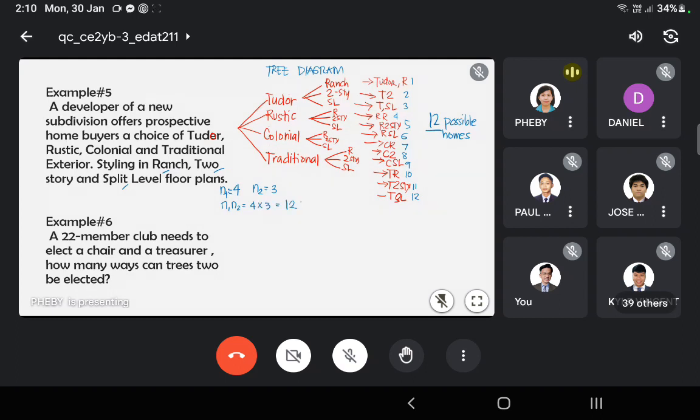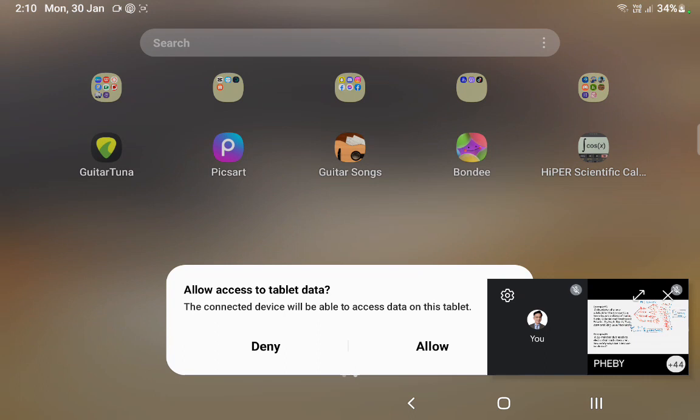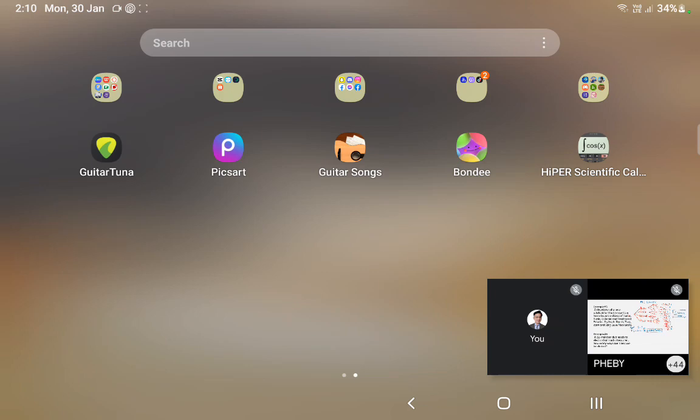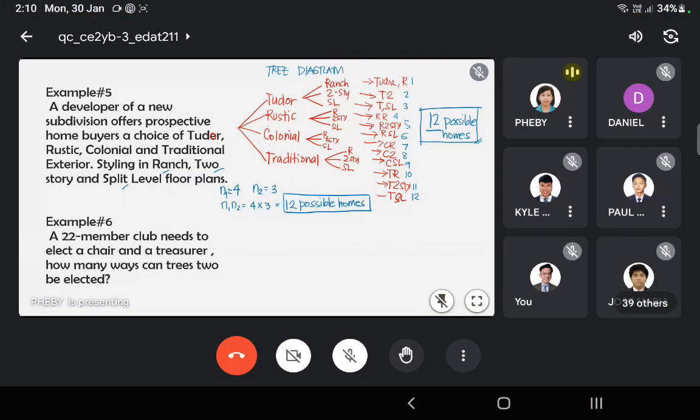So 12 possible homes ang pwedeng ibenta ng developer kay owner or buyer. Okay? So, madali. Nagets ba, class? Yes po. Sige. So, mas madali talaga kapag multiplication rule na lang.